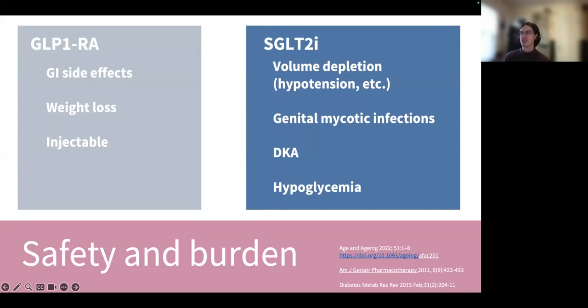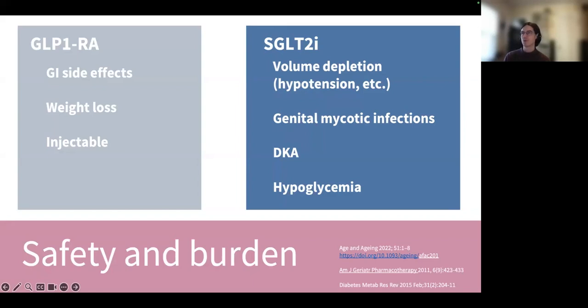And also because these are injectable agents, we want to be thinking about whether people have the motor and cognitive skills needed to appropriately administer the drug. So that's also something to keep in mind. Then with SGLT2 inhibitors, obviously there are concerns related to volume depletion, things like hypotension, falls.